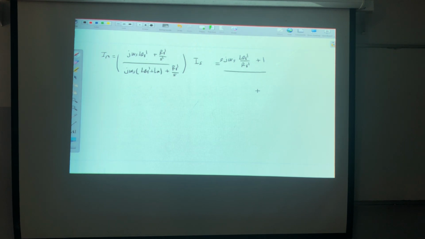The same thing I can do here, this will be j s omega s, times (L' plus Lm) over R', plus 1. So let's fix this one to be similar to that.